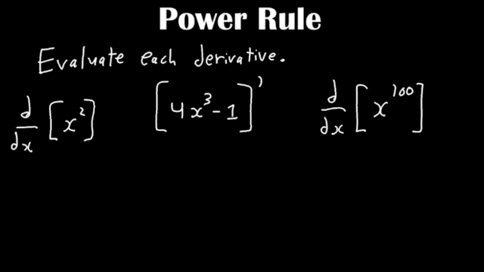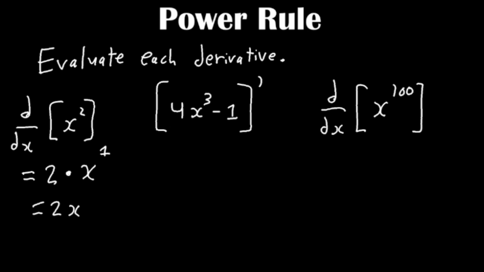For the first one, the derivative of x squared, remember, we bring down the exponent, multiply it by x, and then reduce the exponent by 1. So 2 times x to the 1 is just 2x. And if you remember from our previous video, that is what we got when we did it from first principles using our limit definition. So it's a good thing that that tracks.